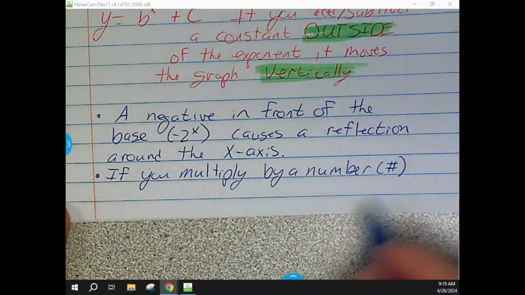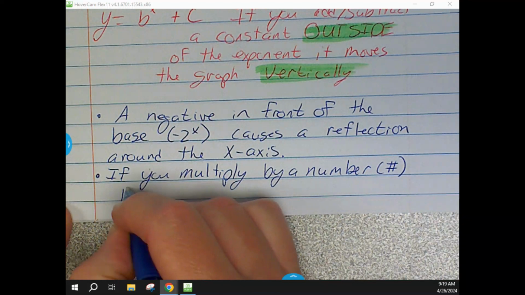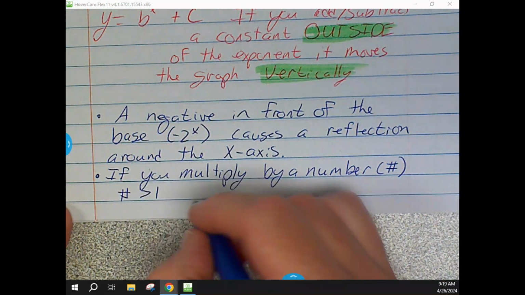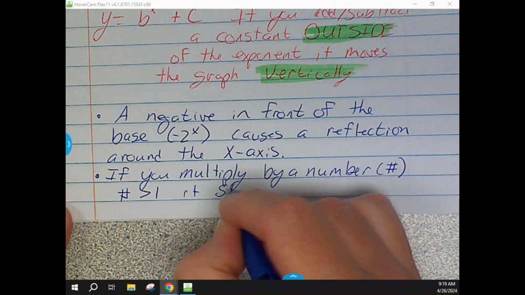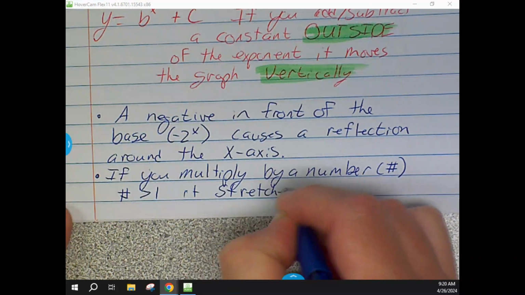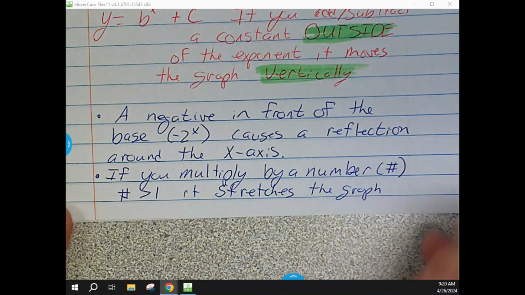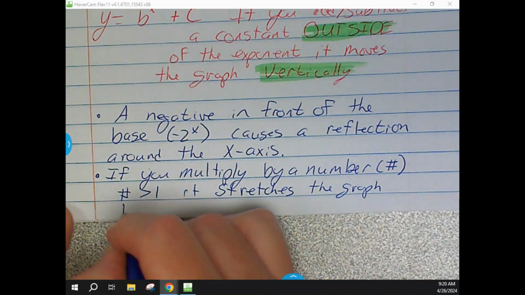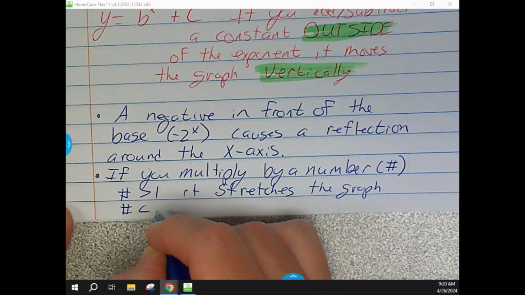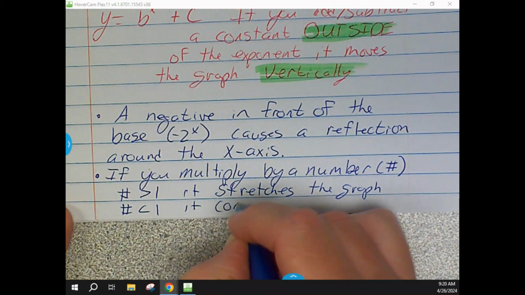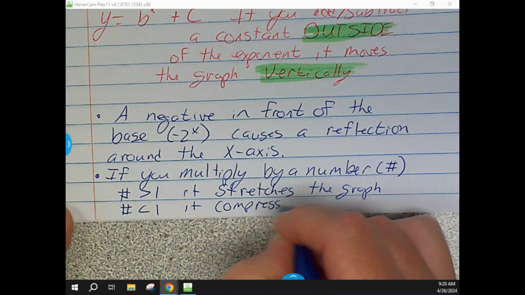So if we multiply by some number, if that number is greater than 1, just like we did before, it's going to stretch the graph. If your number is less than 1, it compresses the graph.